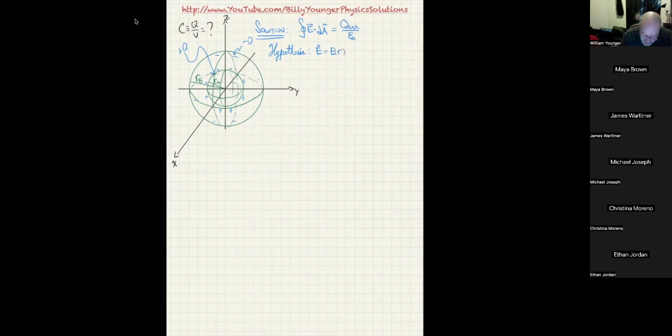In other words, how far away a particular point is in space from the origin. And then it's going to point in the spherical coordinate r hat direction. In other words, it's always going to point radially outward. That is my hypothesis. And that is also a hypothesis that allows me to come up with a Gaussian surface.